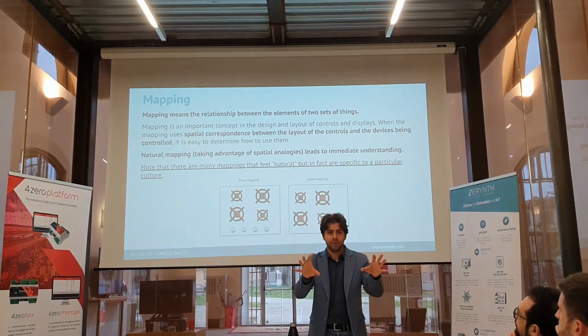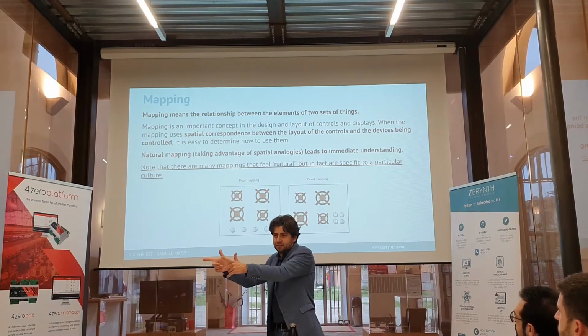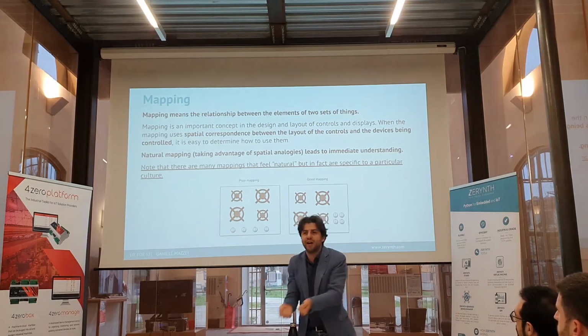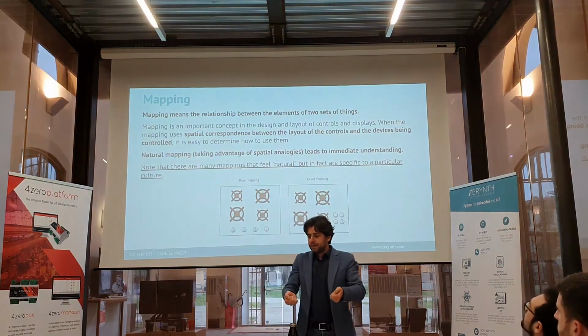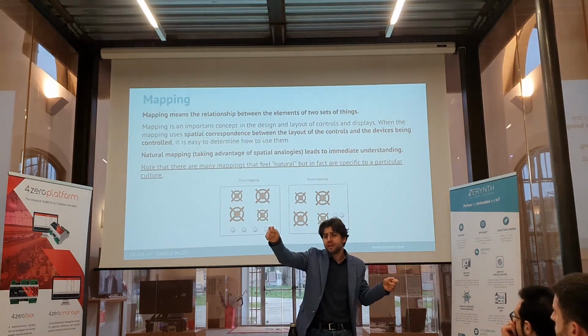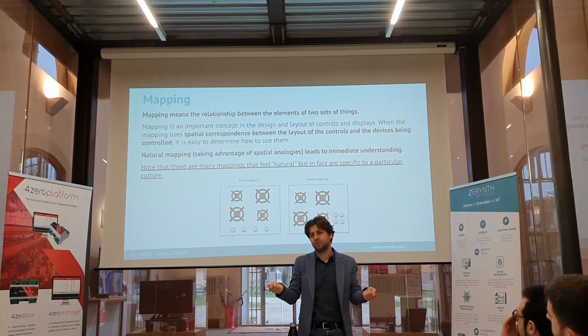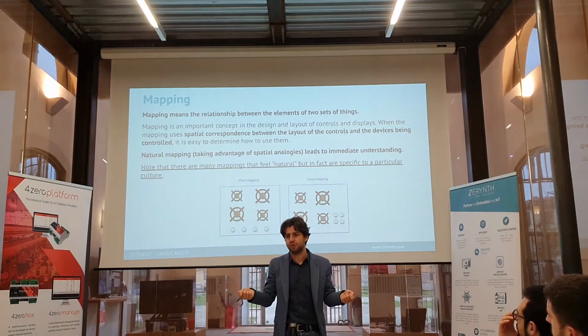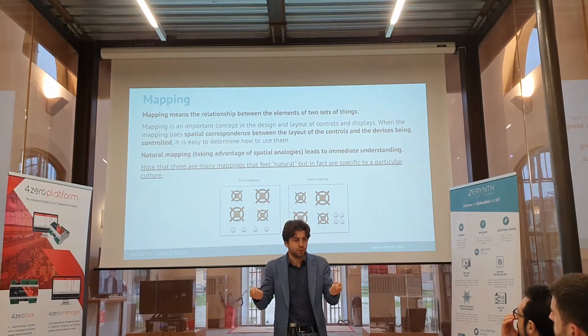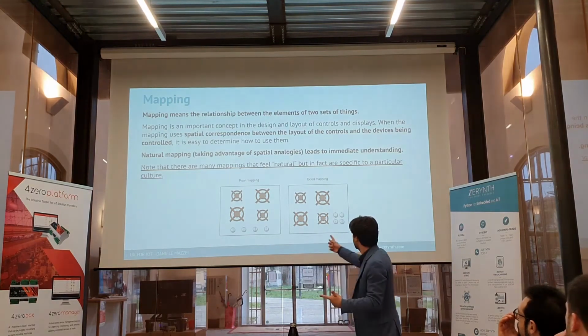We want to map some controls on some effects, that in our case in computer science are functions. This link should be easy to understand by our user without assuming any previous knowledge. So, which is the easiest way of doing this? Using natural mapping.